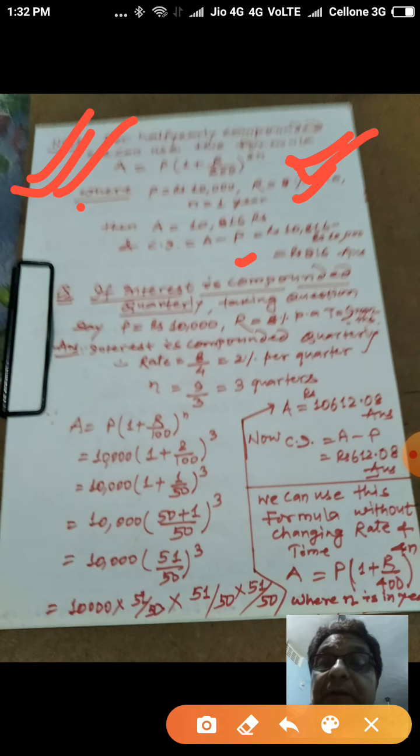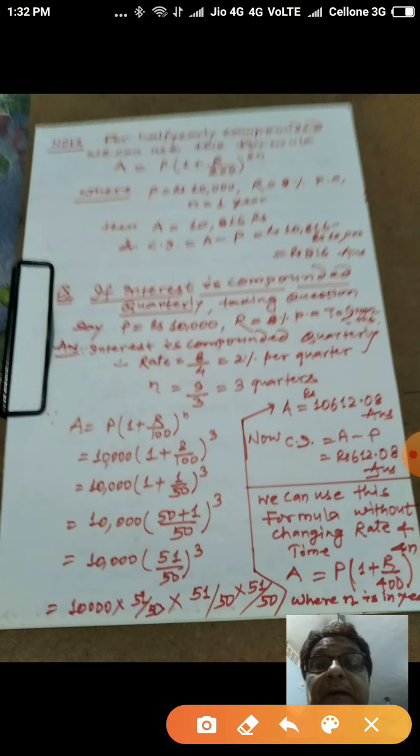Now you put the information given: P equal to 10,000, rate equal to 8% per annum, time equal to 1 year. Now if you put all this information in this new formula, you will get the same answer.